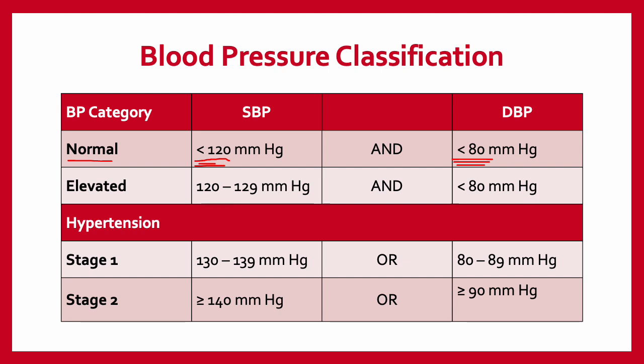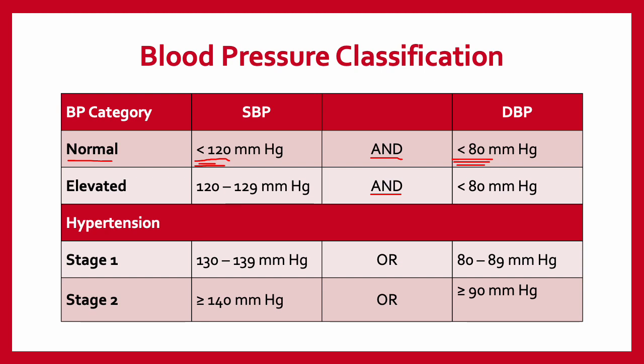So elevated blood pressure is between 120 to 129 for systolic and below 80 for diastolic. And again, for normal and elevated, we have "and" here. So we need to make sure that both of the levels, the systolic and the diastolic, are below these target ranges.